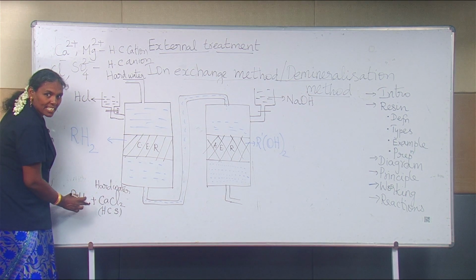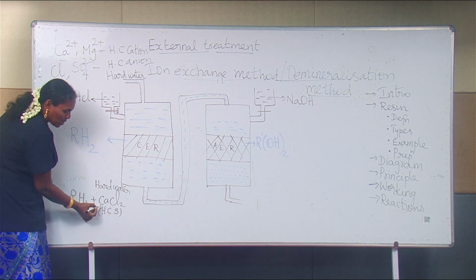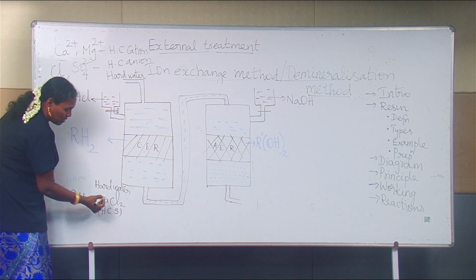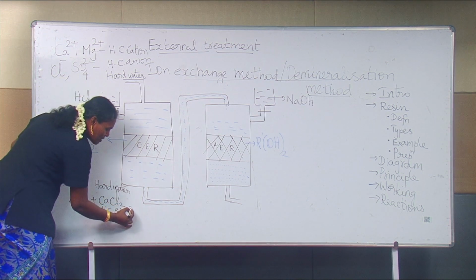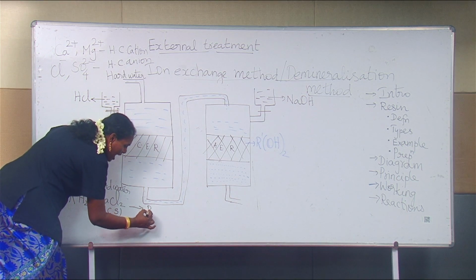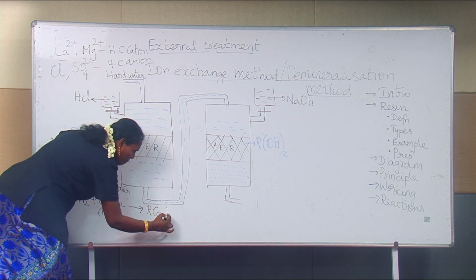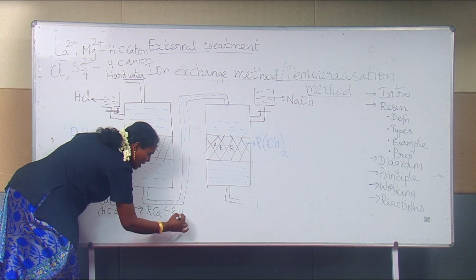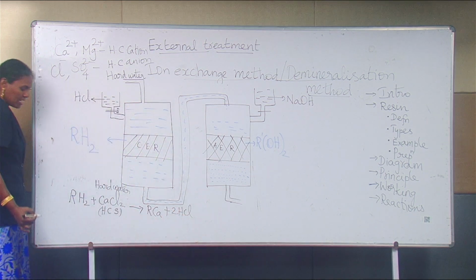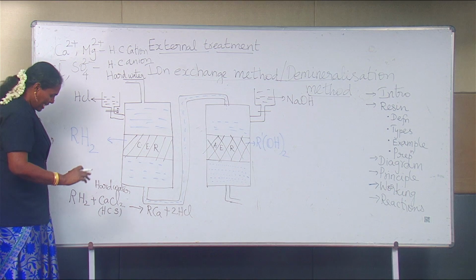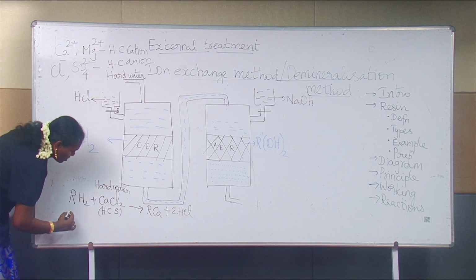Exchange of ions takes place. Calcium is a 2+ ion and chloride is a monovalent ion. It forms RCa plus 2HCl. In the same way, we can write it for magnesium chloride also.